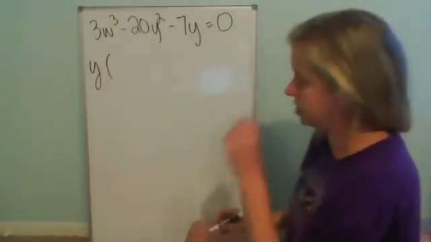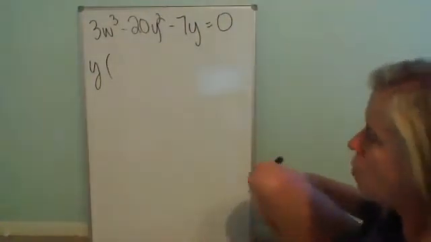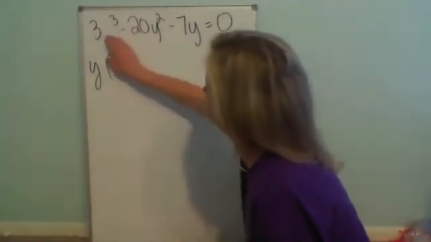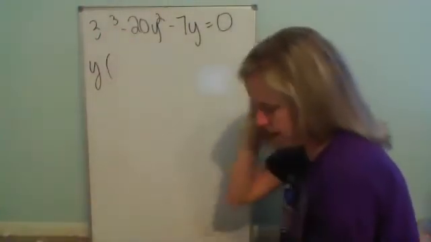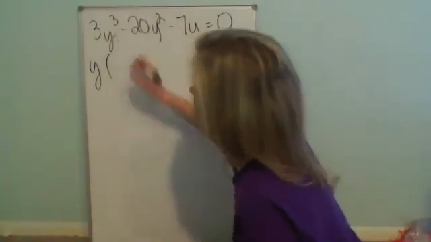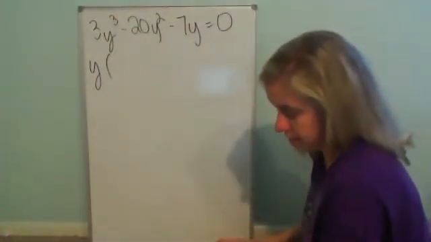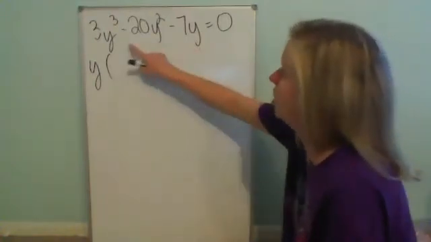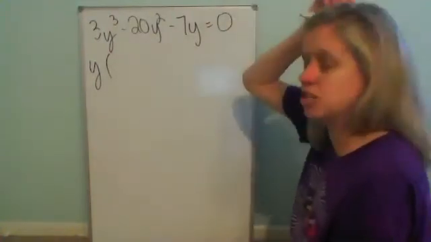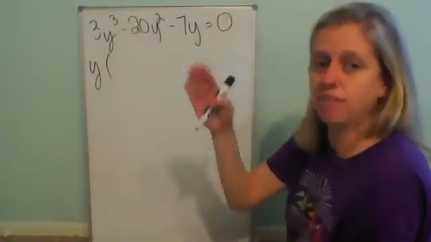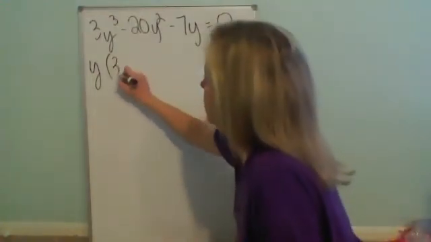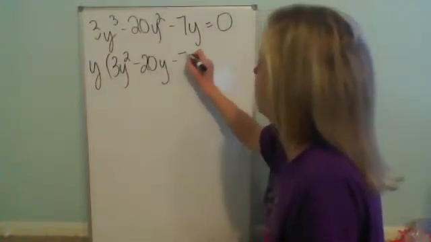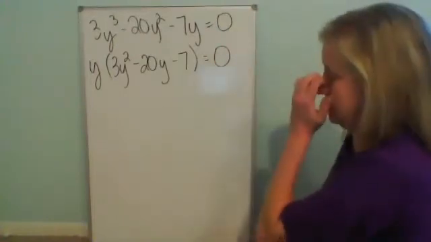So I'm going to pull out that common term of y. Sorry, they're all y's. Okay, so 3y cubed minus 20y squared minus 7y. So again, they all had the y, so I pulled it out. So essentially, they're all just going to lose a y. If I'm pulling a y out, everybody loses a y. So 3y squared now minus 20y minus 7 equals 0.